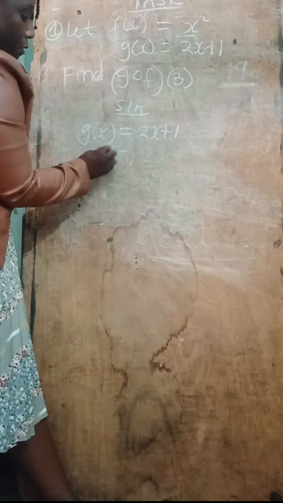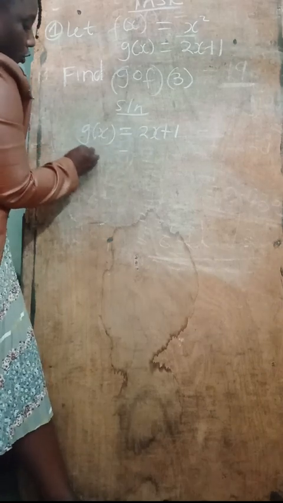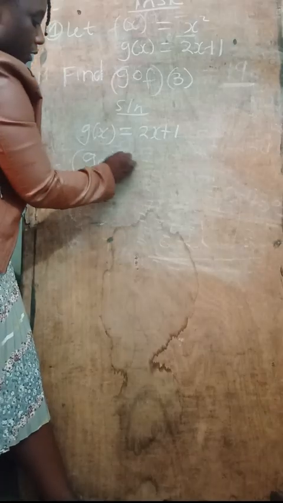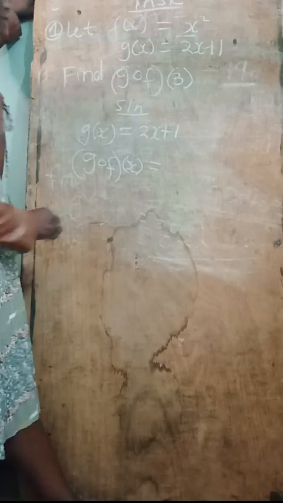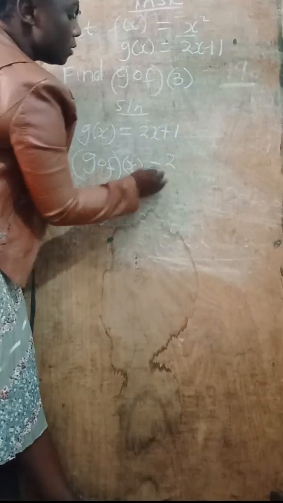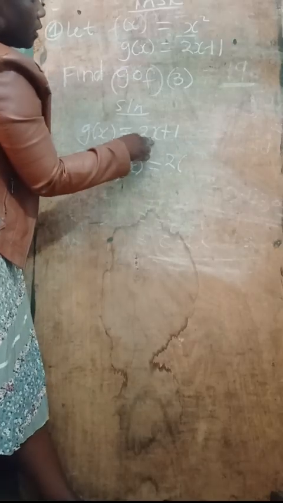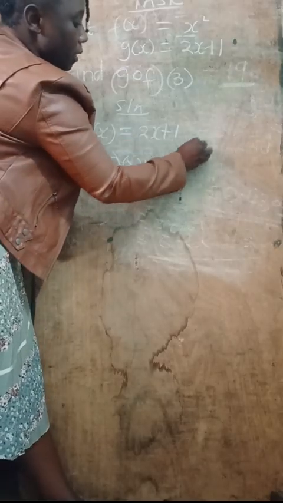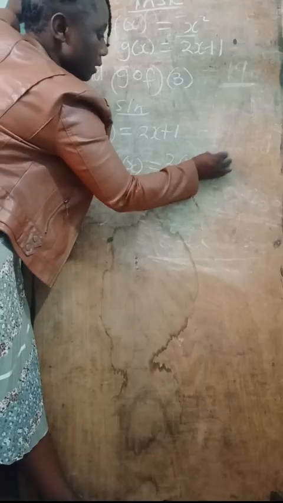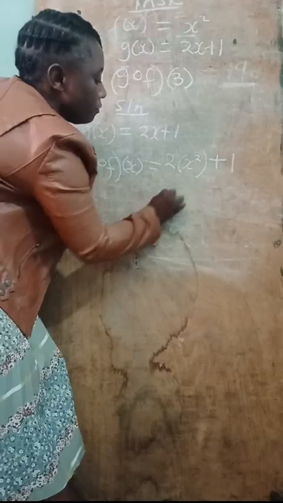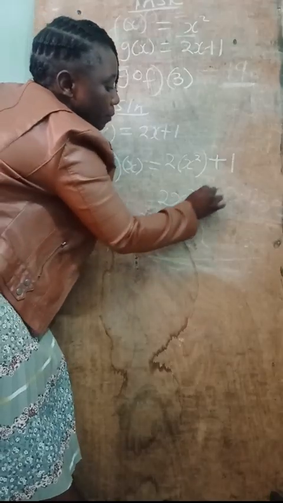So therefore, g of f of x will give us 2 outside, open brackets. What are we supposed to put here? It is x squared plus 1. So we have 2x squared plus 1.